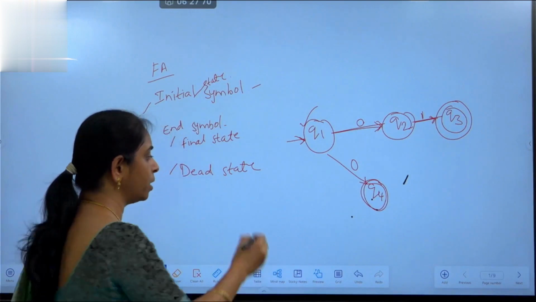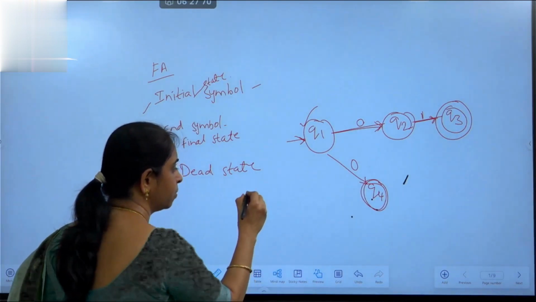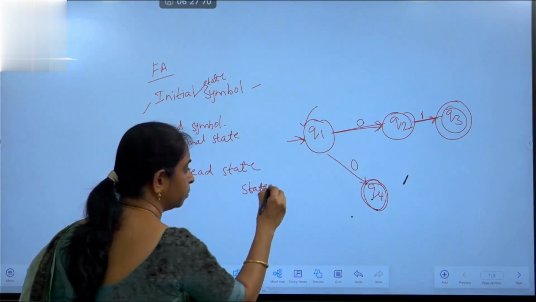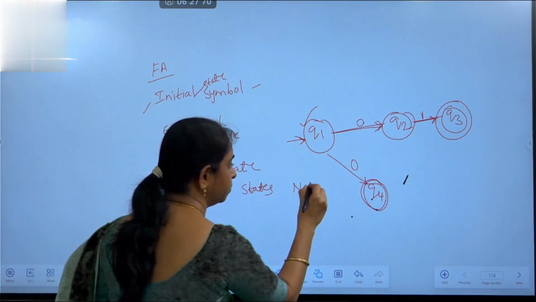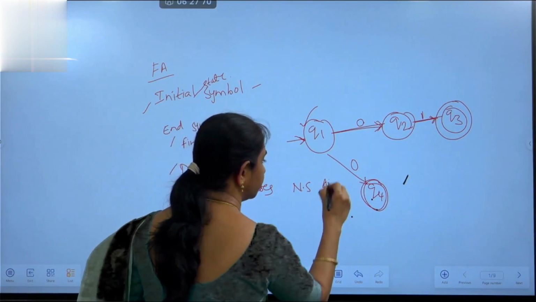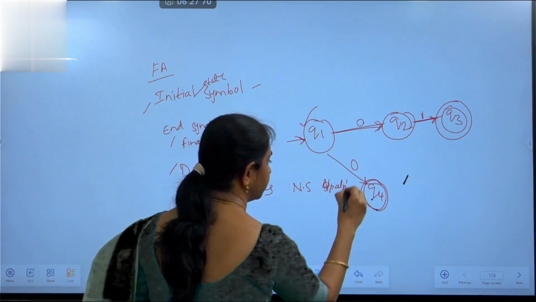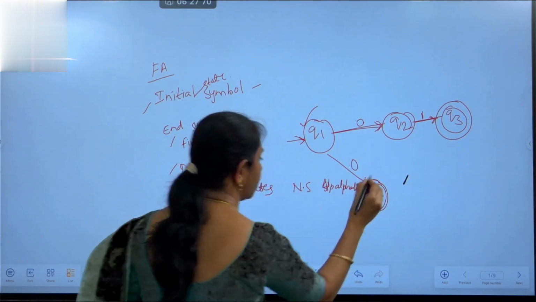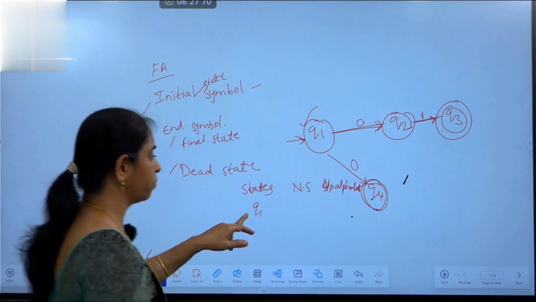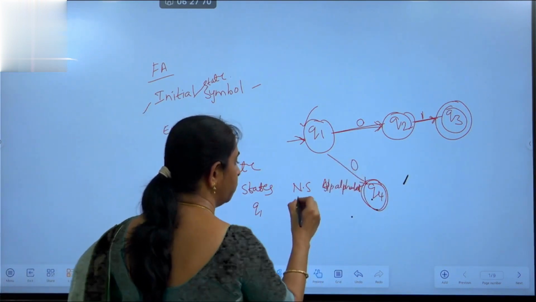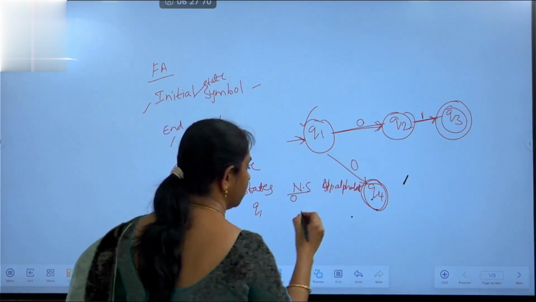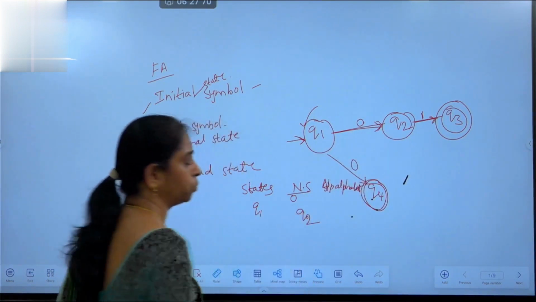We have to draw the transition table based on this. First we take the states, the input alphabet, and the next state. Here we have the state Q1; on input alphabet 0 the next state is Q2.